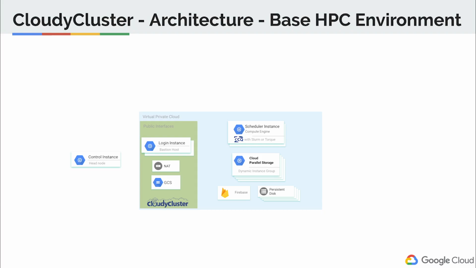It also includes the CCQ metascheduler, which helps orchestrate HPC jobs based on the needs of that job. Firebase for metadata storage, and persistent disk associated with cloud parallel storage instances to provide that high throughput, high performance computing needs. I will now go through the steps of creating the HPC environment.